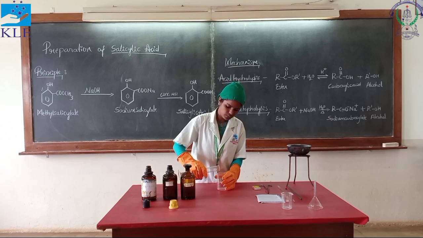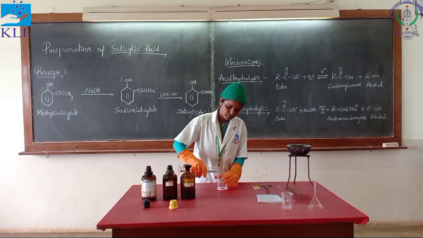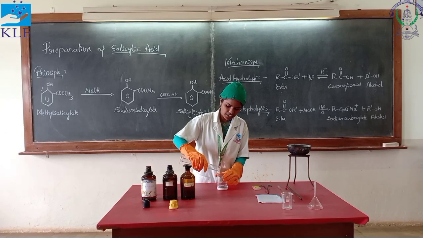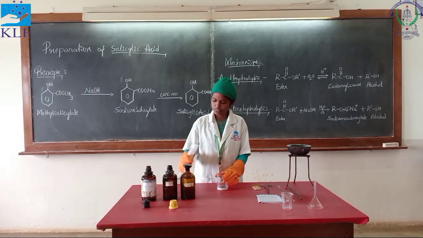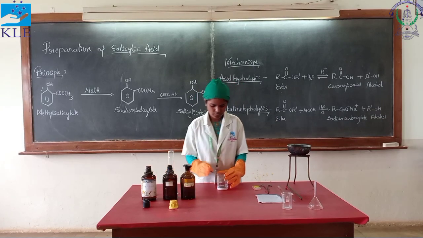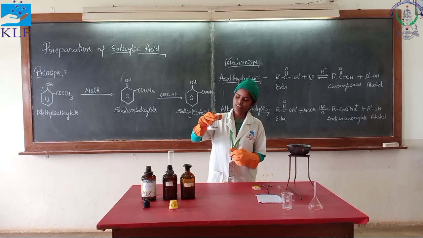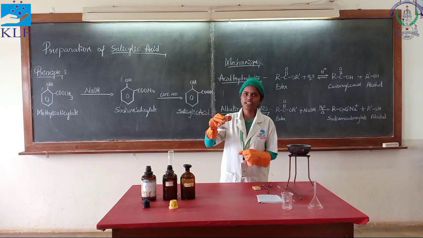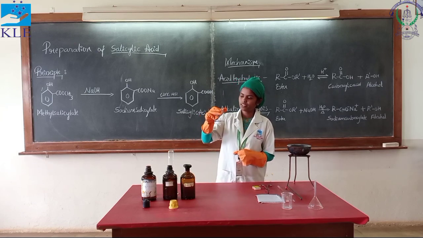Add it to the beaker containing 6 ml of methyl salicylate. Here the sodium salicylate, which is an intermediate, is formed.